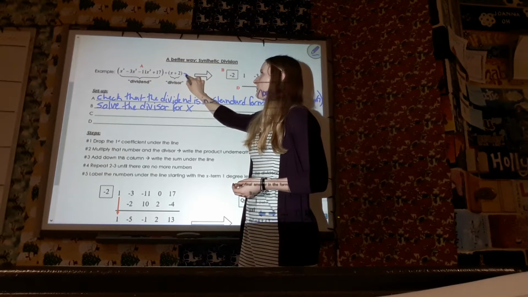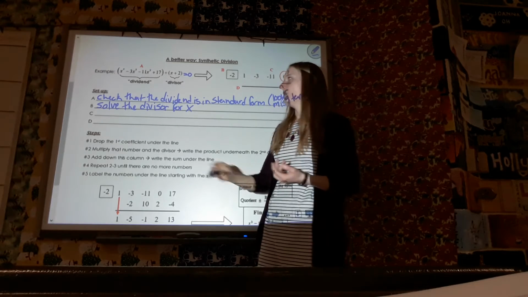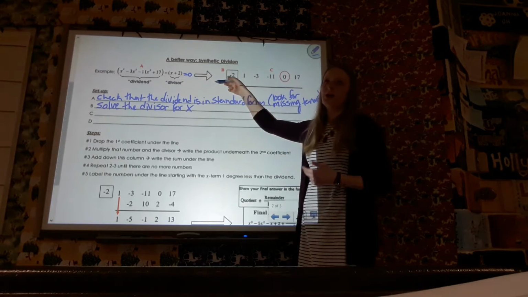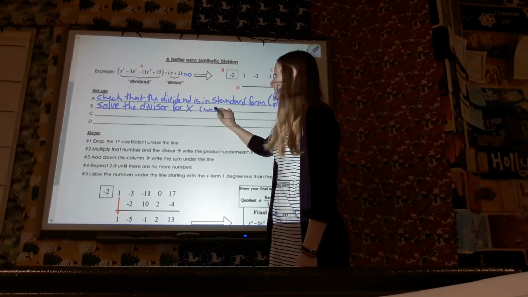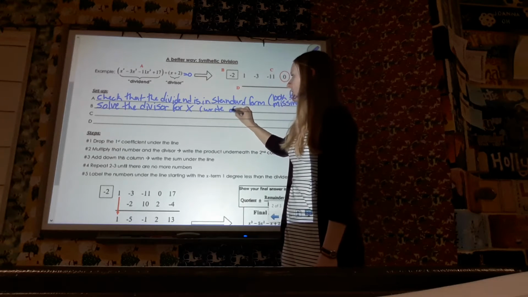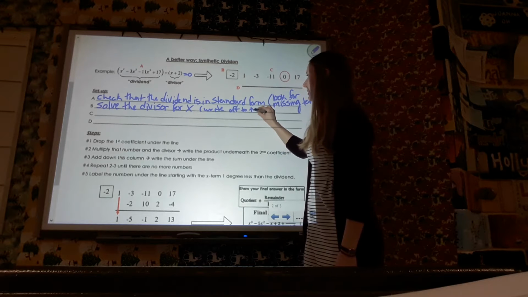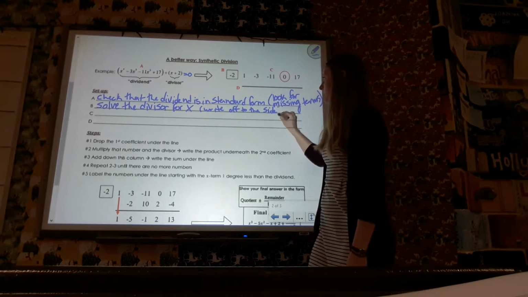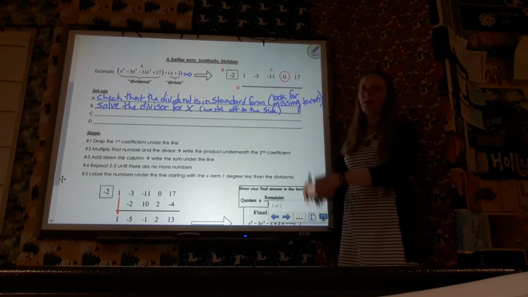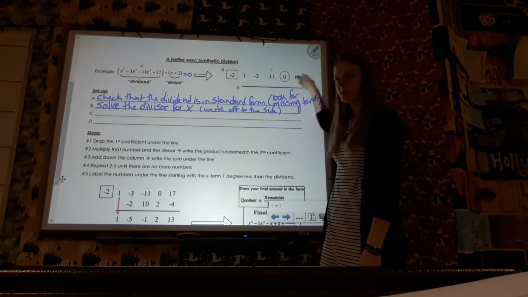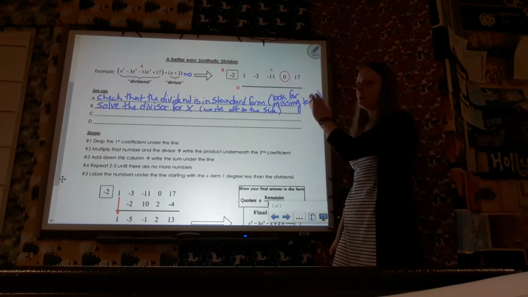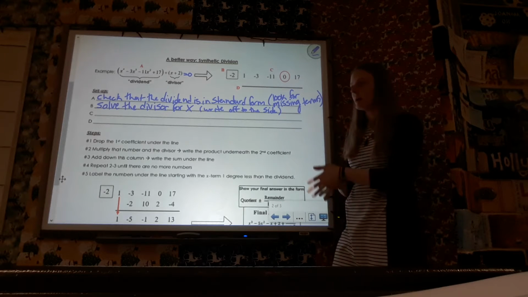When you set this equal to 0, because you're solving for x, you essentially just get the number opposite of what was inside the parentheses, and you're going to write that off to the side. You're going to establish your work area by wherever you put that number. So your setup's going to look like this. You're going to put it somewhere to the left, and then everything's going to go to the right of that. So you just set it up by writing that number that you got off to the side.